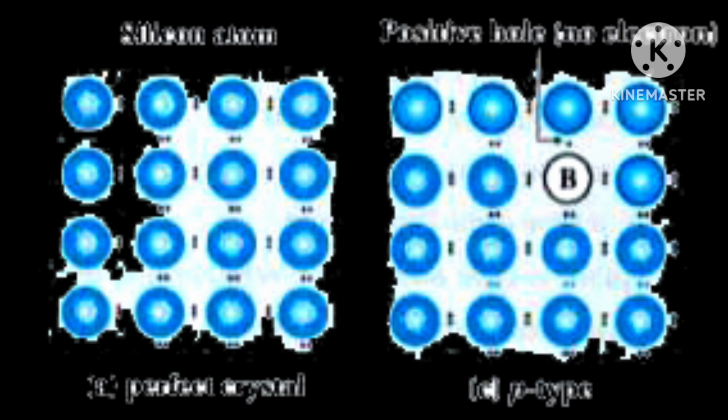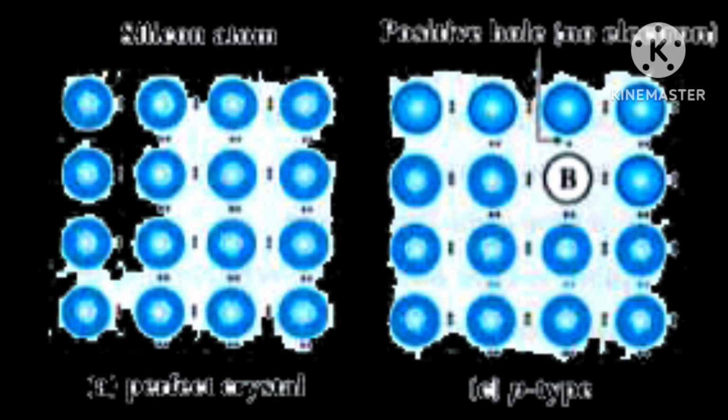They occupy some of the lattice sites in silicon or germanium crystal. Okay, means these group 15 elements like phosphorus and arsenic have 5 electrons, and this silicon or germanium have 4. Then when both come in contact, this phosphorus or arsenic, whatever it be, occupies some of the lattice sites in silicon or germanium crystal.